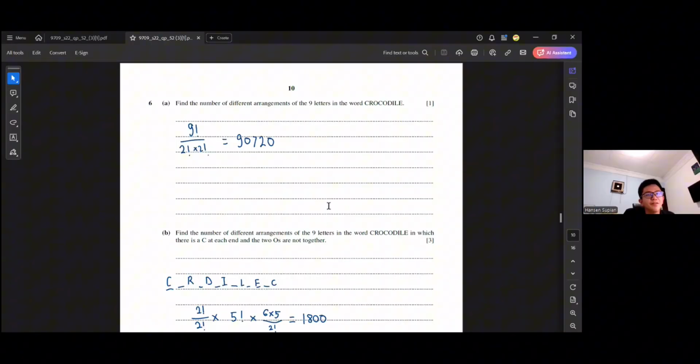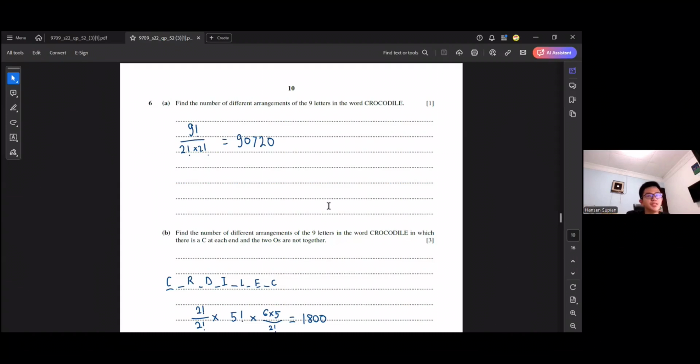Okay, so hello everyone. Now I'm going to do number 6 to number 7. For number 6, we will be using the factorial. So 9 factorial over 2 factorial times 2 factorial times 2 factorial.